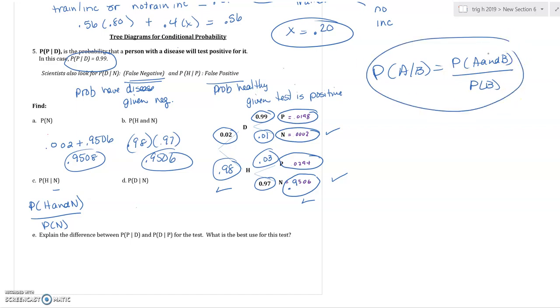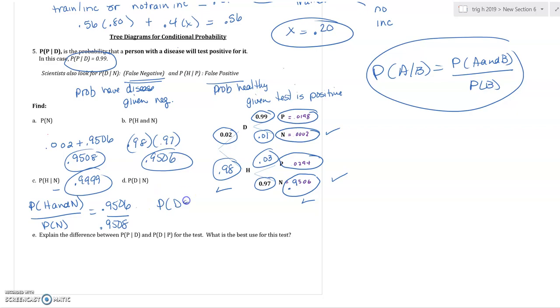Okay, so healthy and negative, divided by negative, any old negative. So if you divide that, you get 0.9999. Okay, over here, what's the probability that given the test is negative, you really do have a disease?